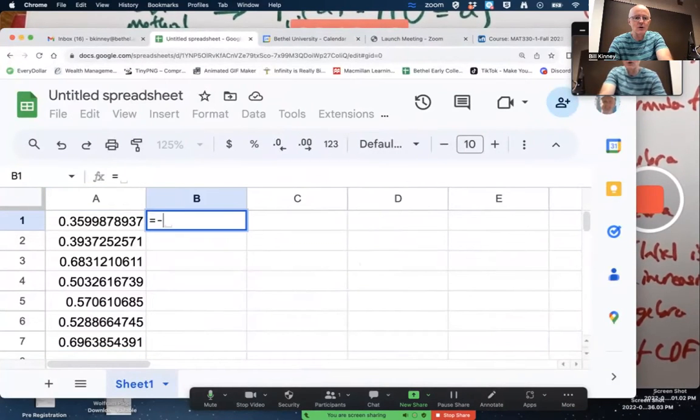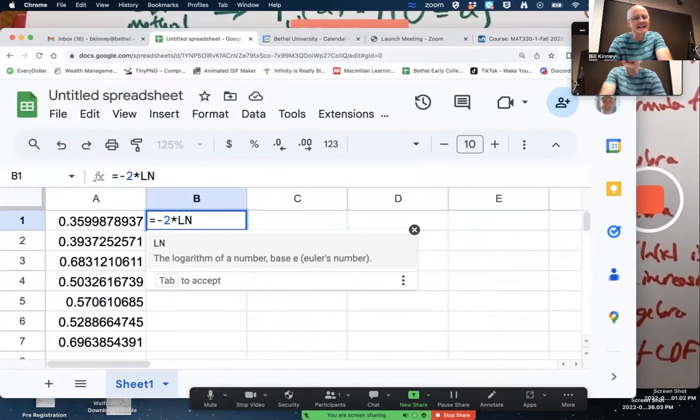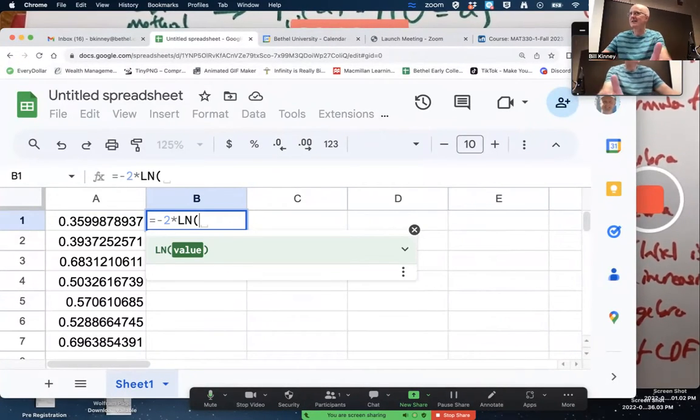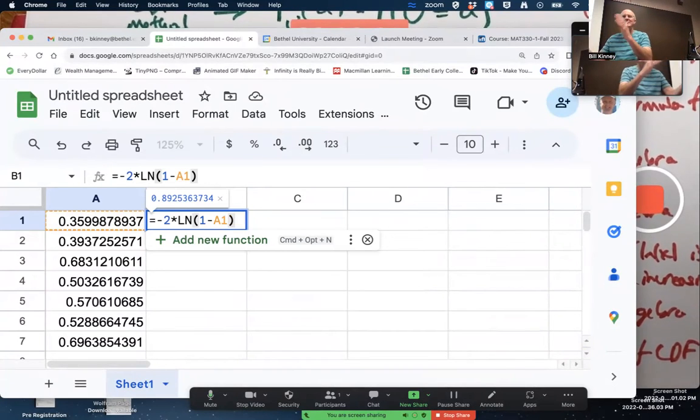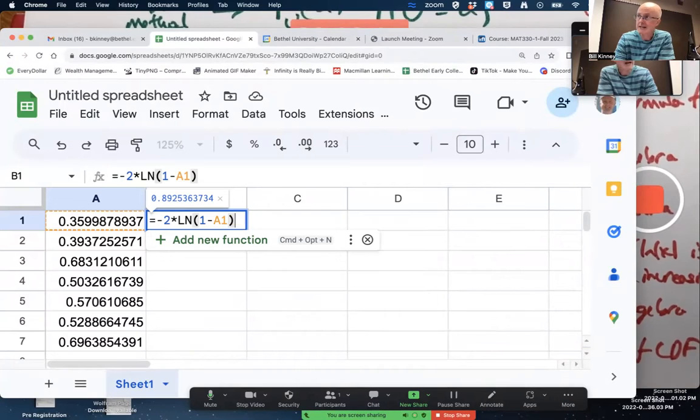Negative 2 ln, in mathematics natural log is written log, but in a spreadsheet it's ln. 1 minus u. And actually, if u is uniform on the interval from 0 to 1, we probably wouldn't really have to do 1 minus u. It probably would be fine to do u and get similar results. It's not the inverse function anymore, but it would give us the same kind of outputs. Probably exponential still.